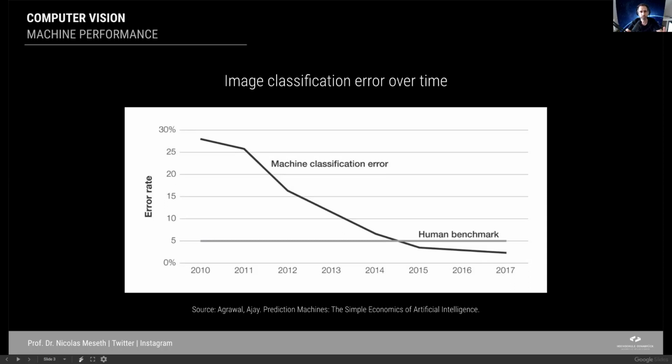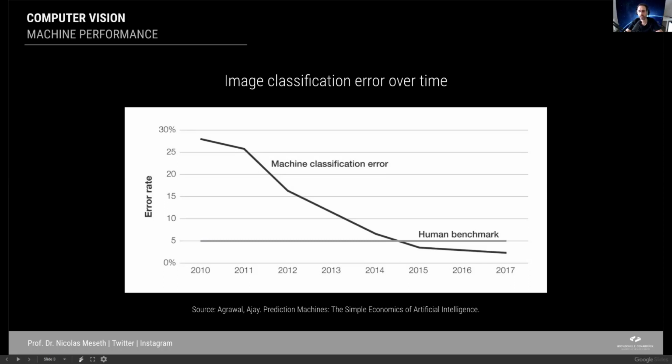Back in 2010 we were at around, I don't know what that is, 28% error rate. That's quite high. You look at images, and the computer guesses wrong a large share of the time, so it has a huge error rate. And this error rate has dropped significantly.